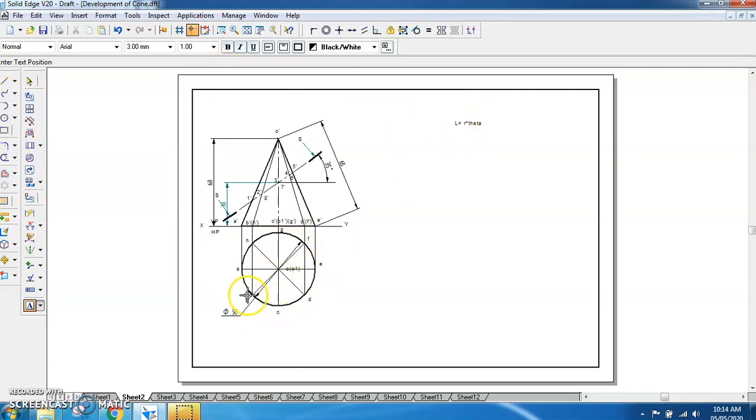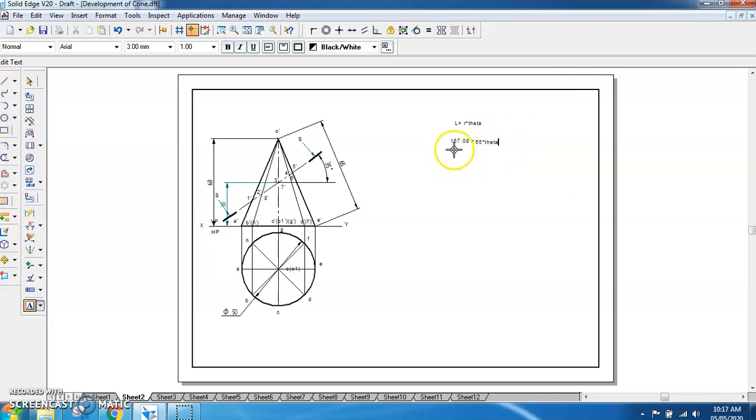So the arc will be equal to the circumference of the cone base. L is equal to 157, as we have seen. And R will be equal to the length of the generator, that is 65. So 157 is equal to 65 into theta. We are solving for theta here. This theta will be in radians.